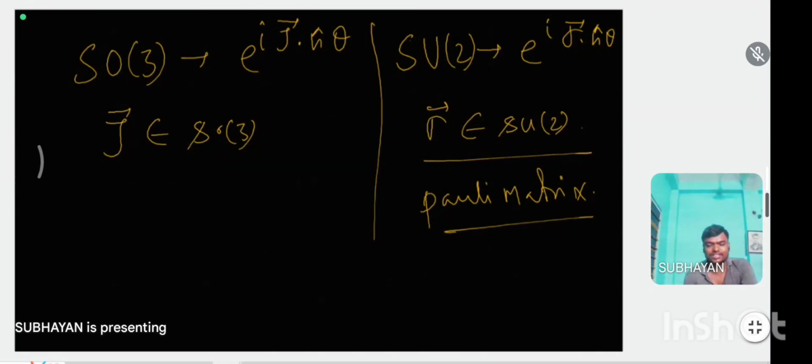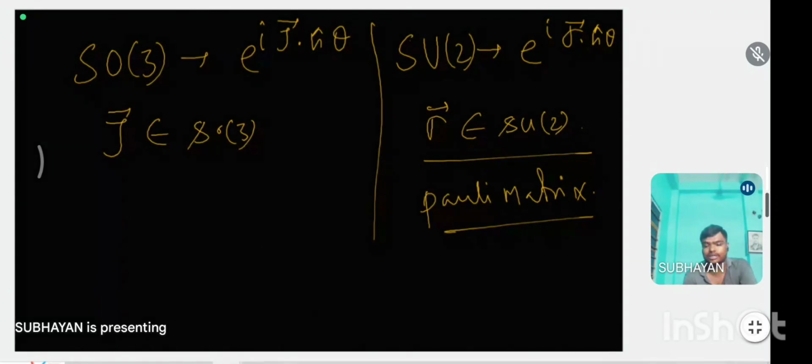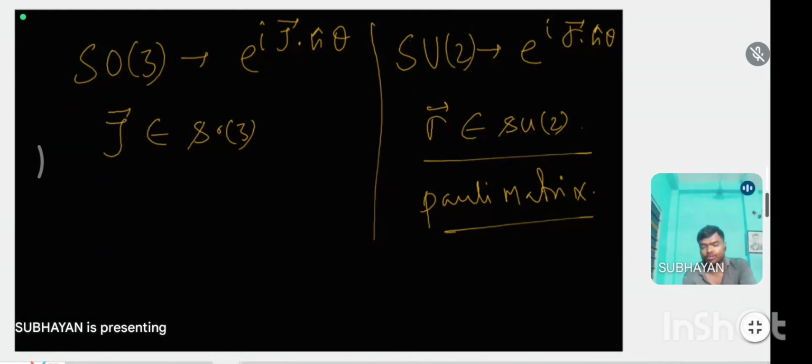But this rotation is not a physical rotation. You can say this is an abstract rotation. These are intrinsic properties of the system or of the fundamental particle, which cannot be observed directly from the dynamical point of view.